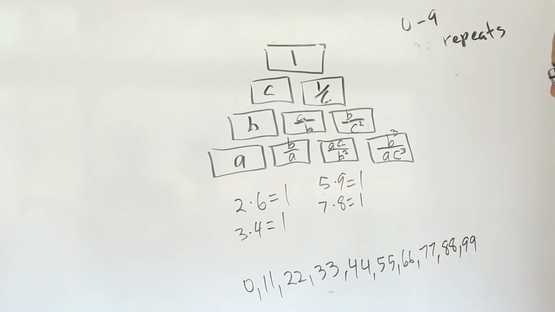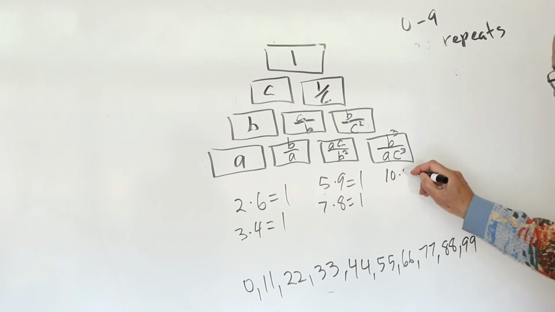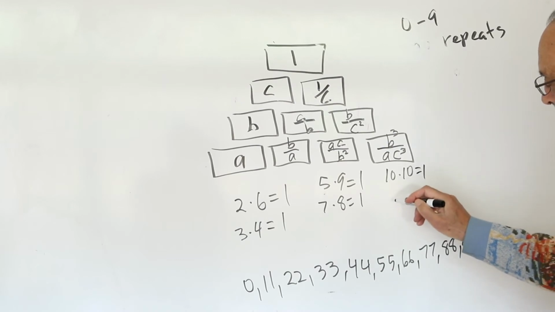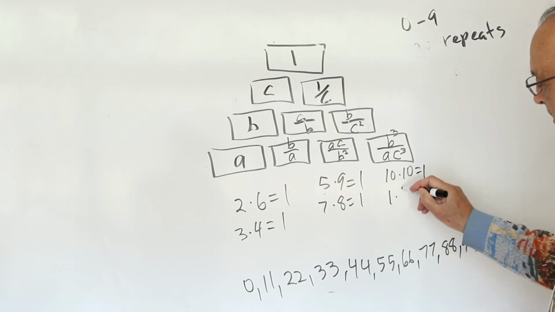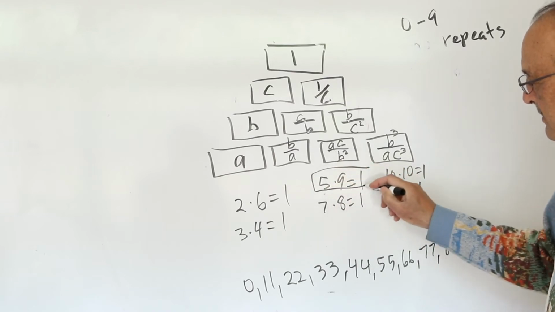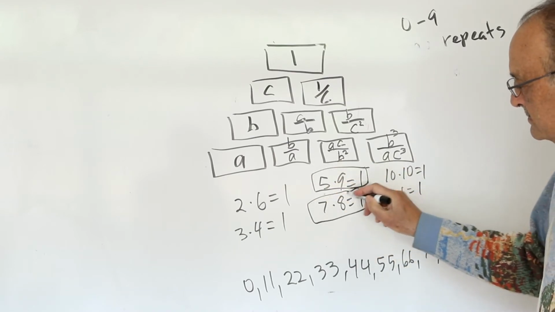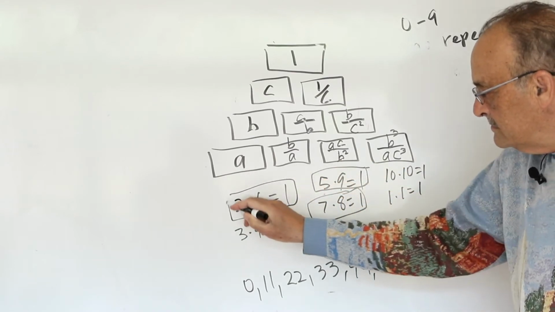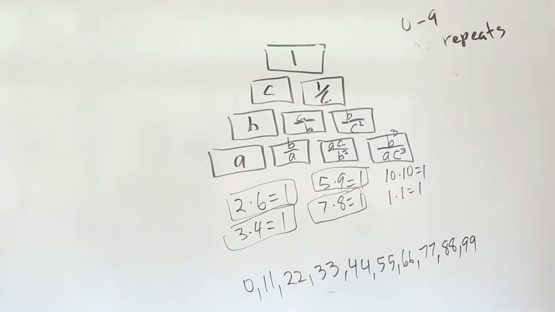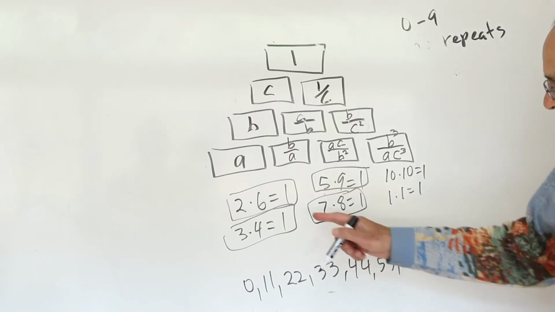Finally, we have 10 being its own partner. 10 times 10 is 100. Take away 99 is 1. And 1 is its own partner. So we can say these are the partner pairs. So if you multiply all the numbers 1 through 10, you're going to get 1.